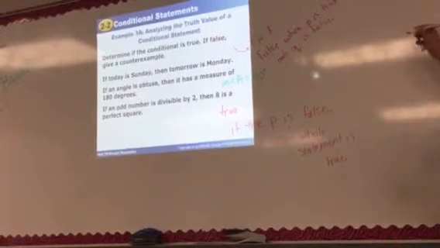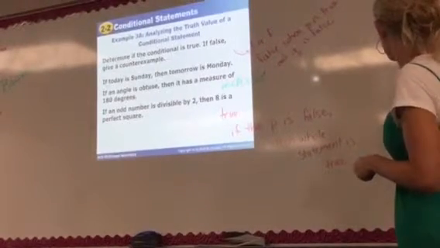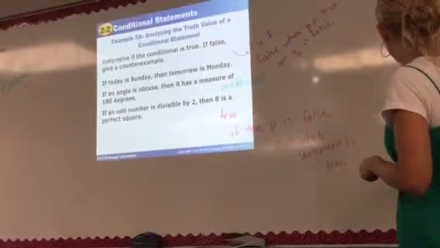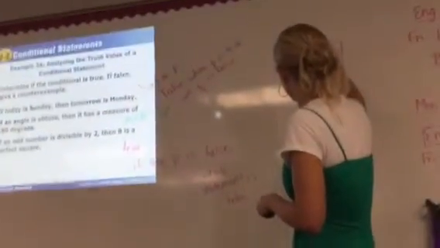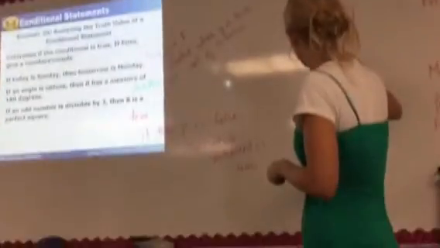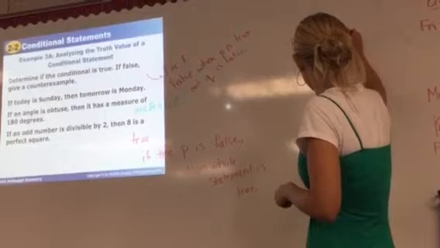With that said, we're going to make what's called a truth table, which is going to give you a little bit of clues as to whether a conditional statement is true or false.